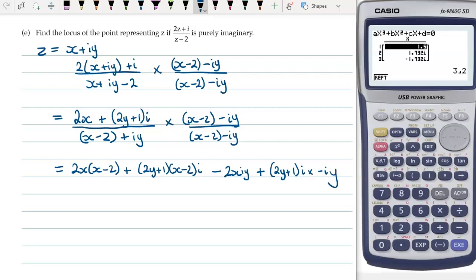So we have I times I, giving us an I squared, that's a minus 1, times by the minus just here, that will give us a plus 1.